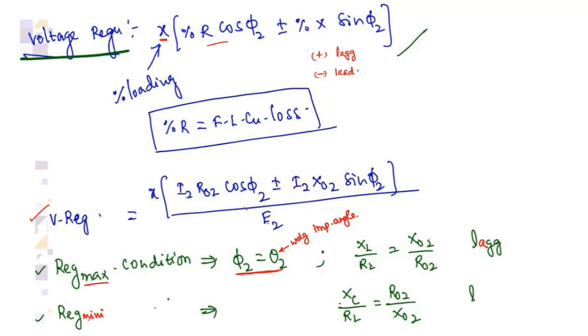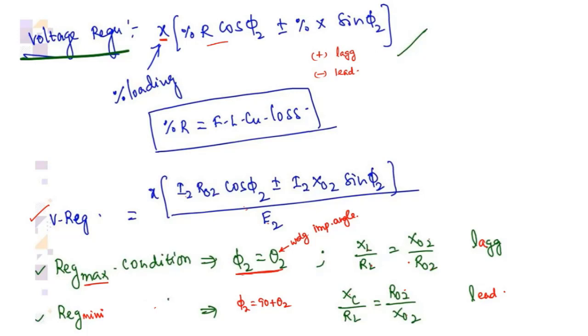But anyhow, the condition for capacitive reactance load is that the capacitive reactance to the resistive ratio is equal to R02 divided by X02, and this happens at leading power factor. This happens at leading power factor.